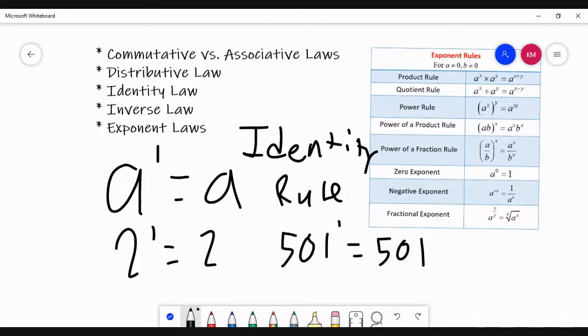Honestly, I do not know why it is missing because it's one of the most important rules because they have the zero exponent, which means anything raised to the zero power is 1, but anything raised to 1 will always be itself.